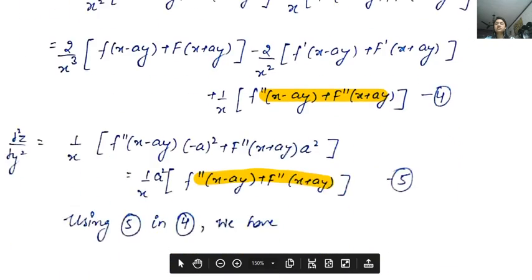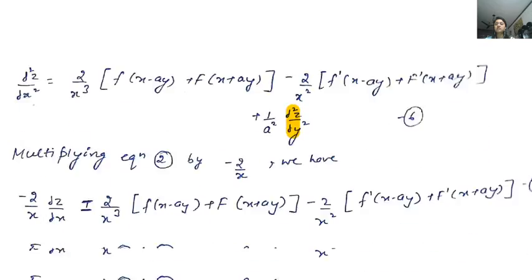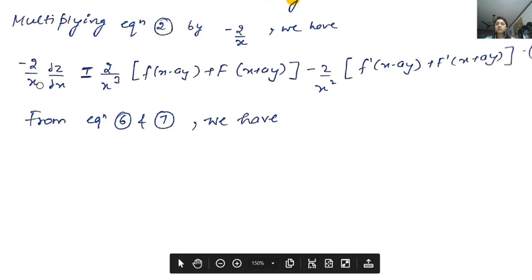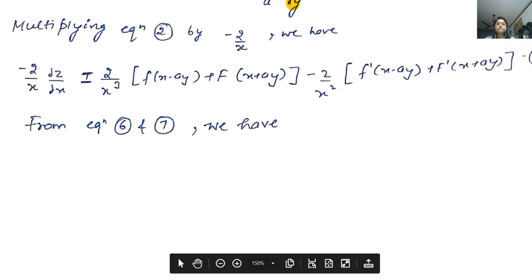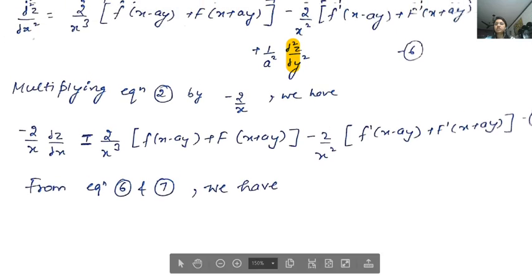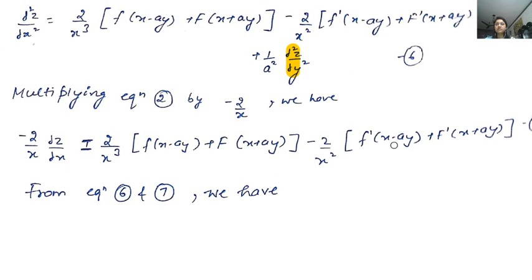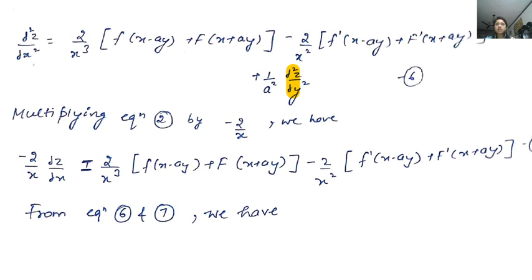You can do it. This is just basic calculation to cancel out arbitrary functions. So when we multiply equation 2 by this, we have this. Now we can compare equation 6 and 7. These two terms are the same in equation 6 and in equation 7. So we can replace these two terms by this value.